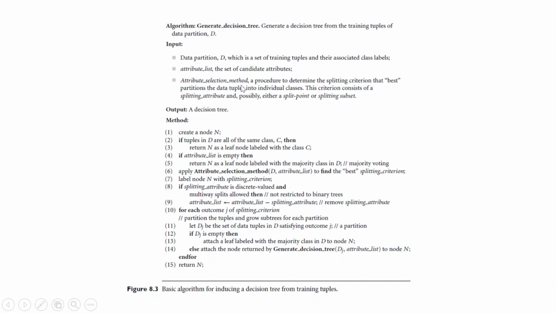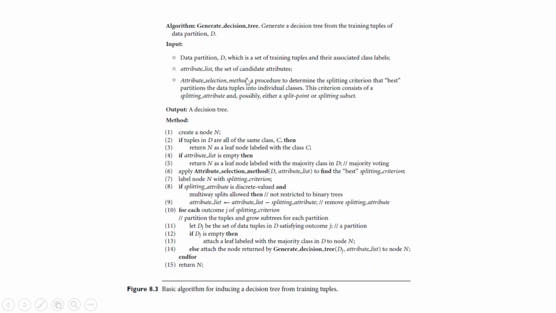And finally, we are given an attribute selection method. How do you select which one of the attributes is the best? That also has to be decided. It is a procedure to determine the splitting criterion that best partitions the data tuples into individual classes. This criterion consists of a splitting attribute and possibly either a split point or splitting subset.